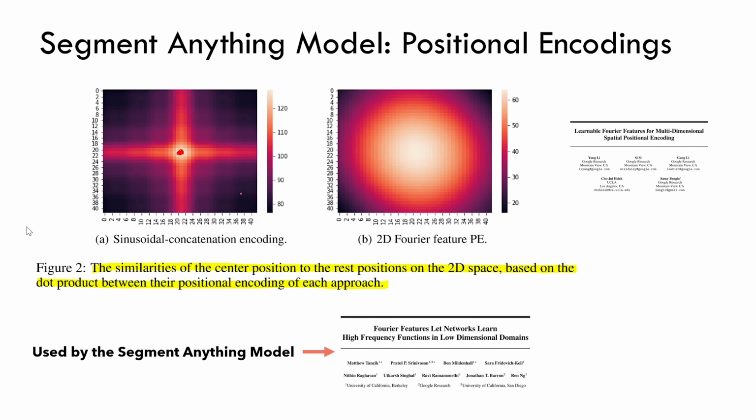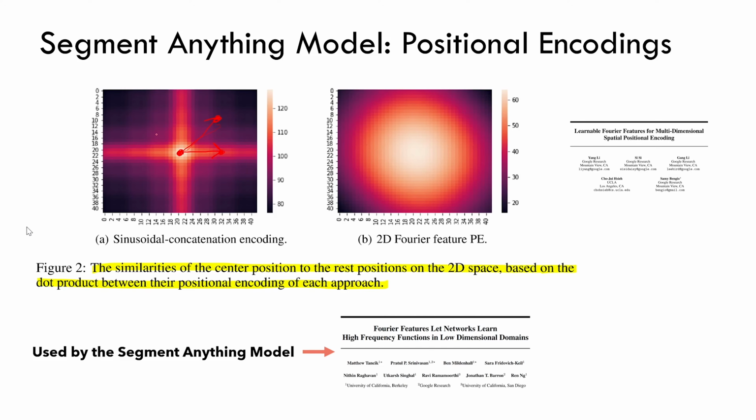If we check the similarity with the other positions in the image, we get a heat map like this, in which this position here is very similar to this position here, but it's not similar to this position here, which is not good, because in an image we have the Euclidean distance. So pixels at the same Euclidean distance should have the same similarity with another point. Basically this point and this point should have a similarity that is the same as this point and this point.